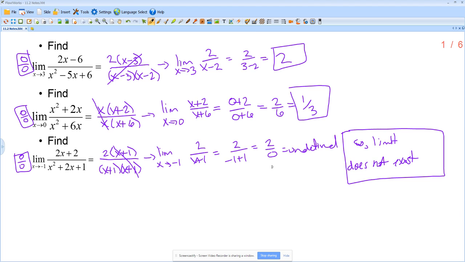And I know that there's a vertical asymptote based off of this. That tells me vertical asymptote because I have some number divided by 0. And some number divided by 0 will be a vertical asymptote, whereas 0 over 0 will typically be a hole. So this is sort of a unique case, but it is a case where you get 0 over 0 and still a limit that doesn't exist.